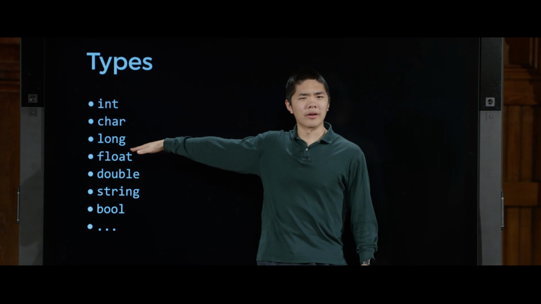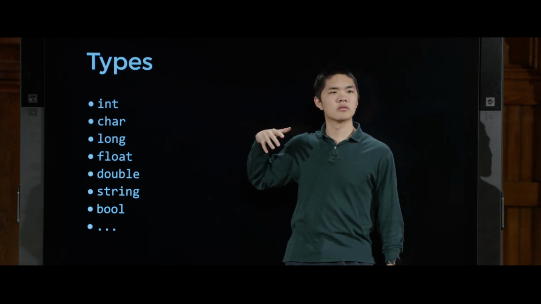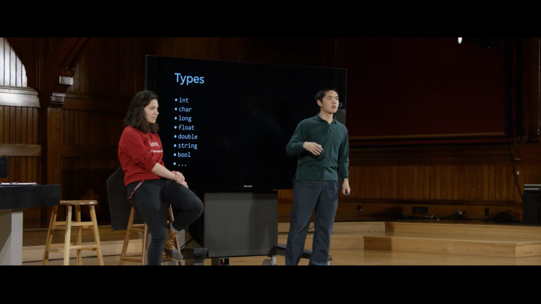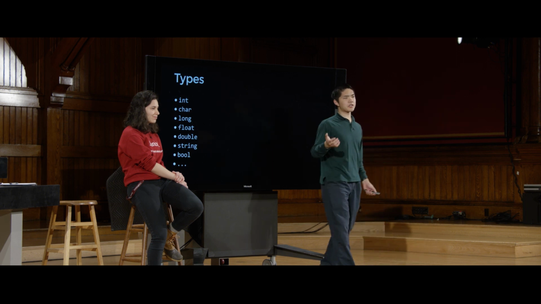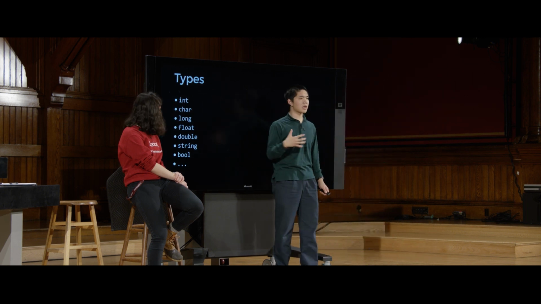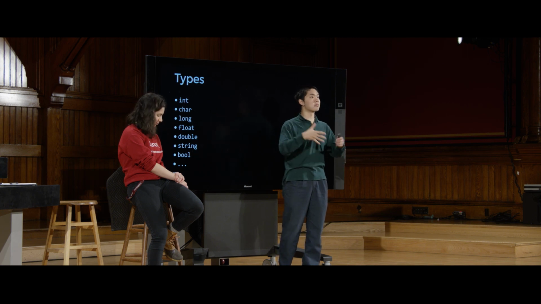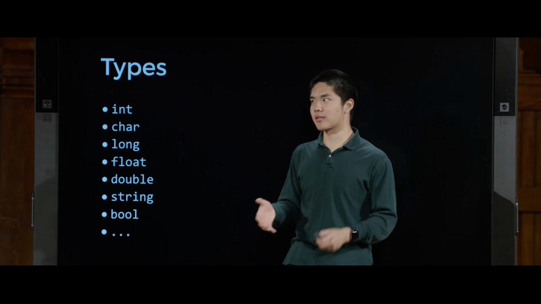Then we had long. And what was long, if anyone remembers? Yeah, a longer integer. So each of these data types that we're talking about has some fixed finite size, some number of bytes that we've given to store the value inside of this variable.